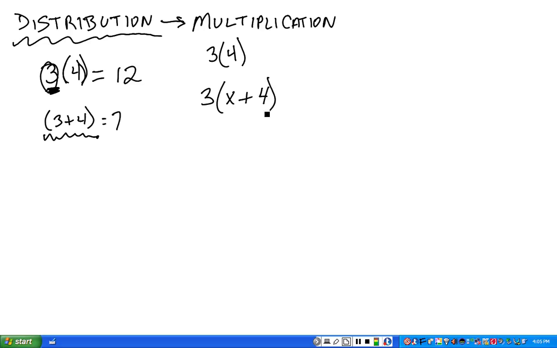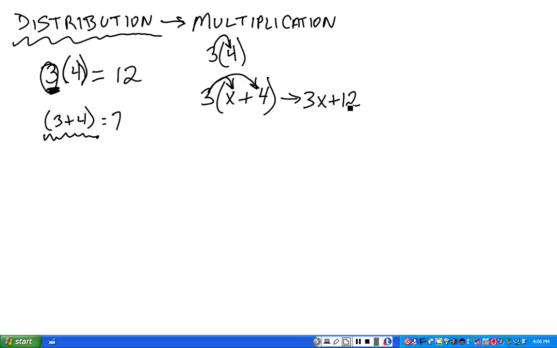Again, it's still multiplication, but now you're going to say 3 times each term inside the parentheses that this 3 is next to. So 3 times x gives 3x, then 3 times 4 gives a positive 12. So 3 times (x plus 4) gives 3x plus 12.